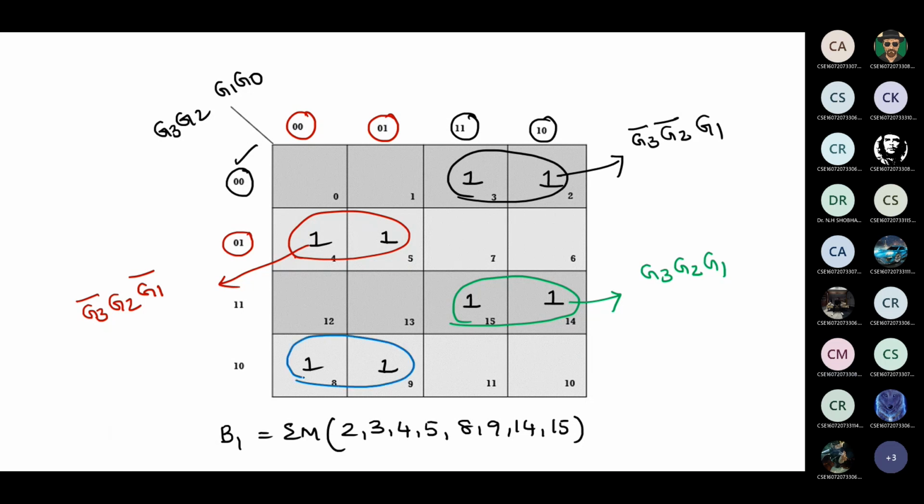For 8 and 9: G3, G2 bar, G1 bar. Okay. So finally, you need to add them. That one will be the answer for B1. So B1 is nothing but G3 bar G2 bar G1 plus G3 bar G2 G1 bar plus G3 G2 G1 plus G3 G2 bar G1 bar.